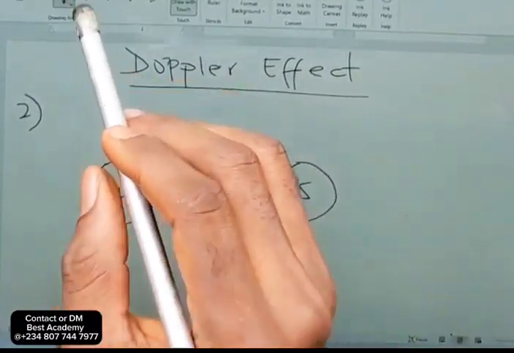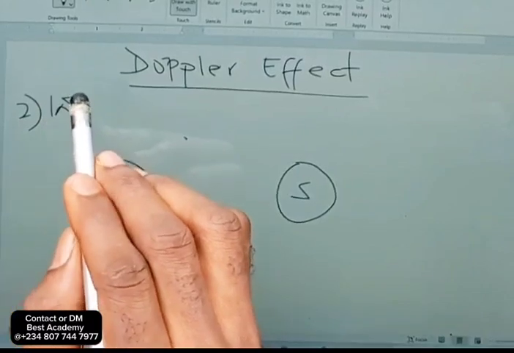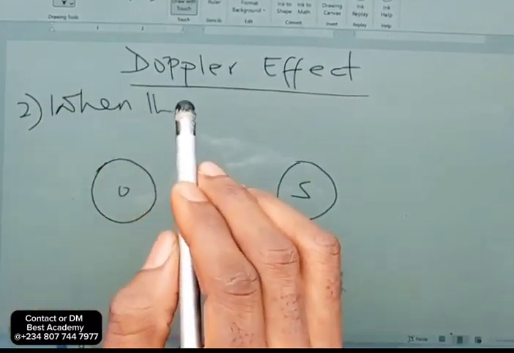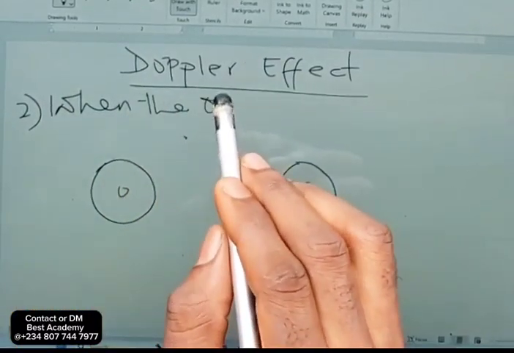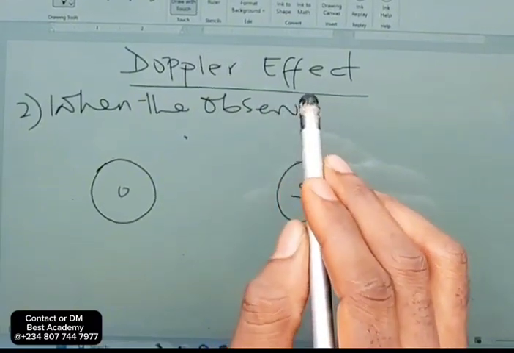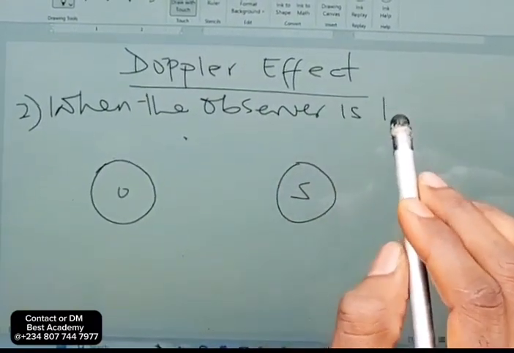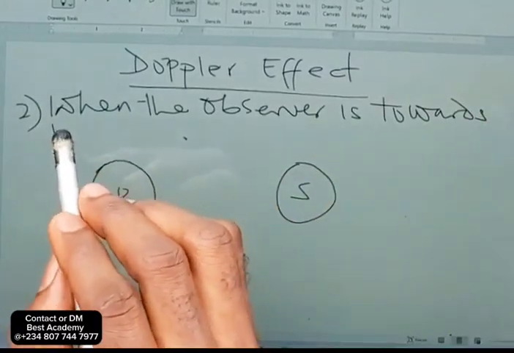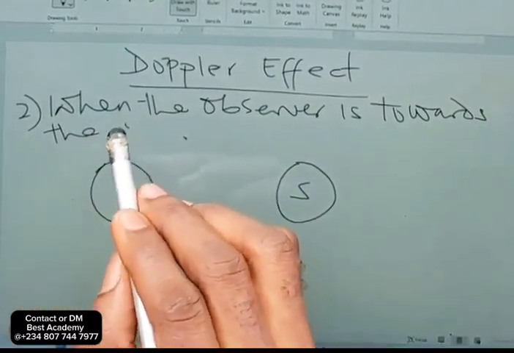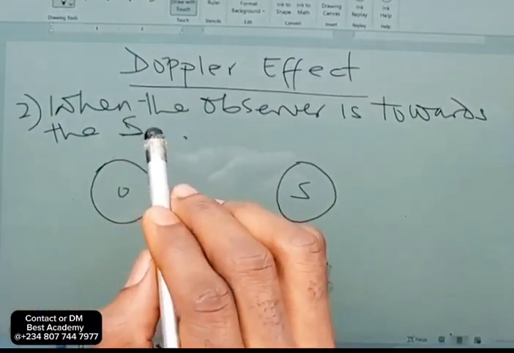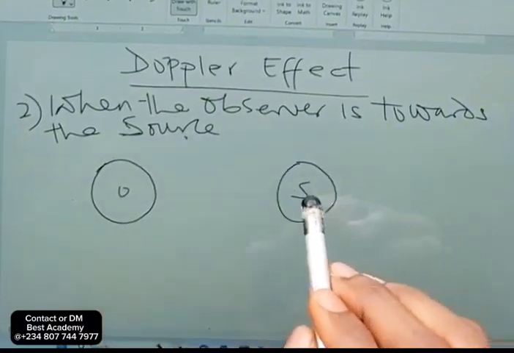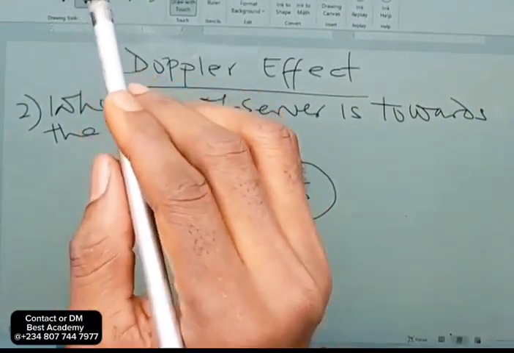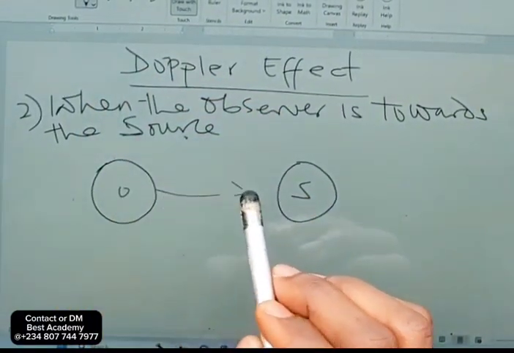Okay, when the observer is towards the source. Okay, that is this observer here. So the observer is towards the source.